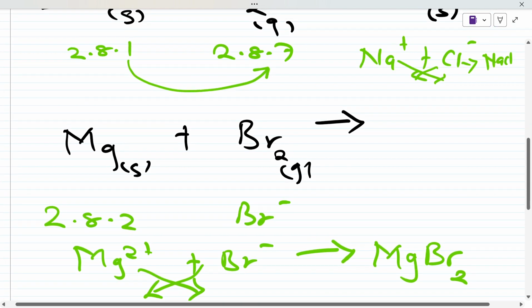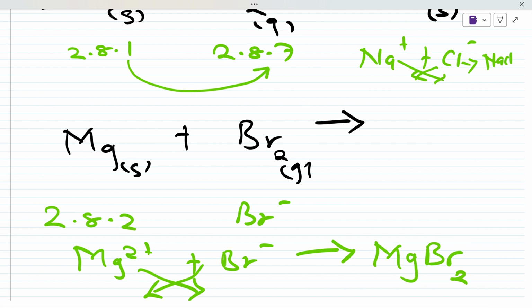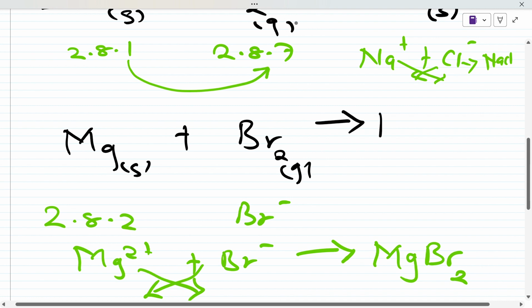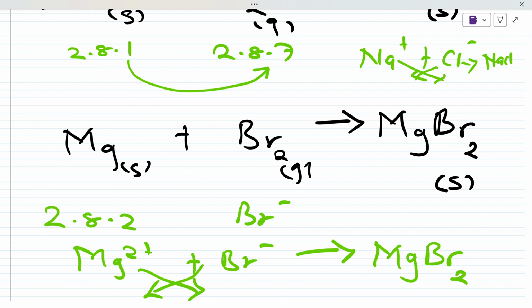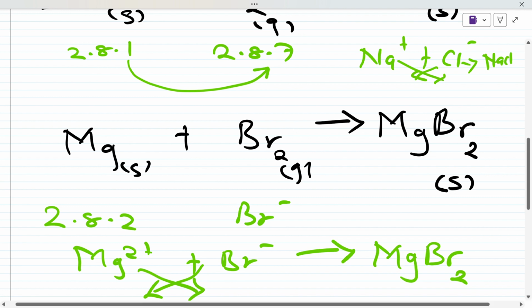So that's what I'm coming to write here in a simple and easy way. So I'm having MgBr2, which is a solid. Now I'm going to the balancing part. I'm supposed to balance my chemical equation in a very simple way.